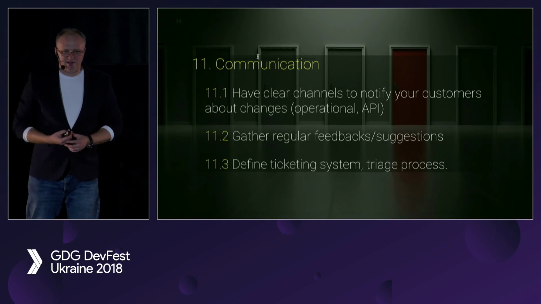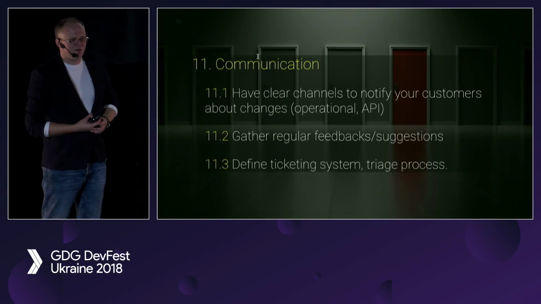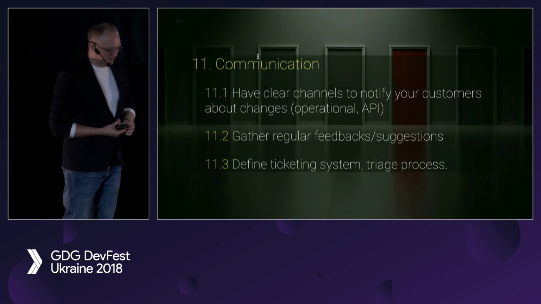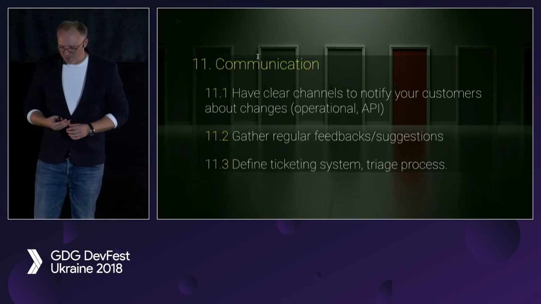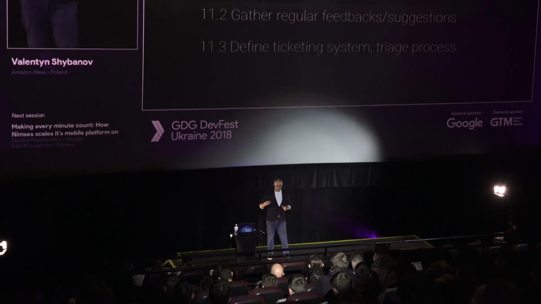Gathering feedback, of course, that's obvious, and try to make clear to your customers what the ticketing system and the policy are. For example, provide some simple SLAs. For example, if you post some feedback or some trouble ticket, we will react to it within X amount of time.